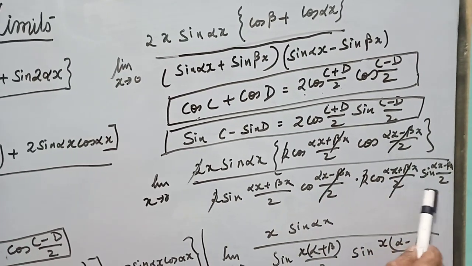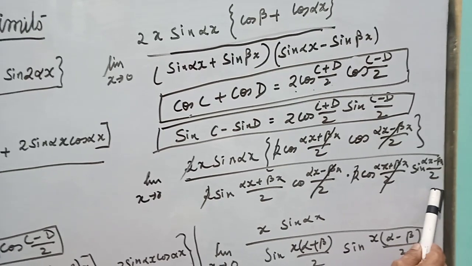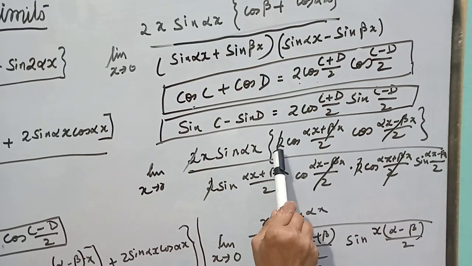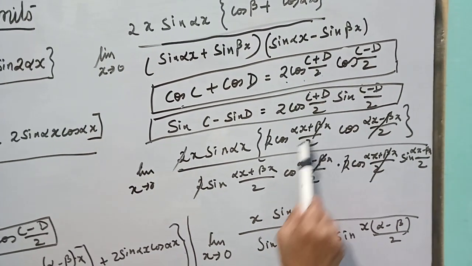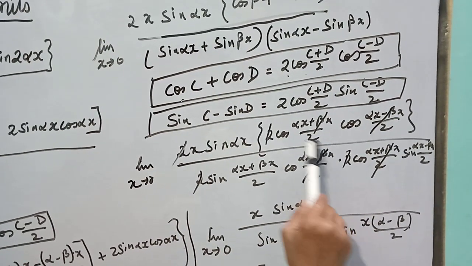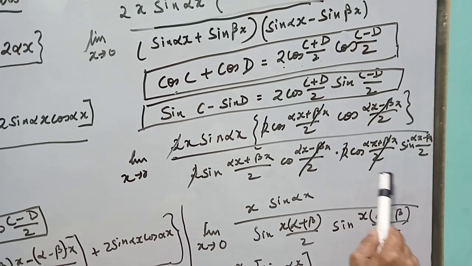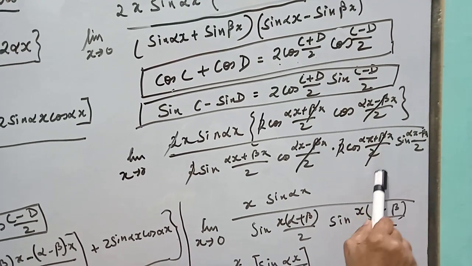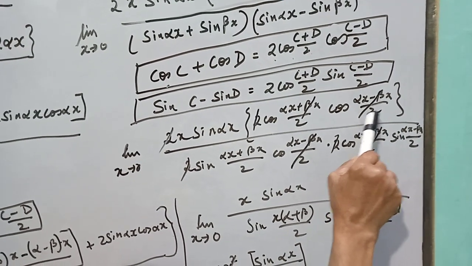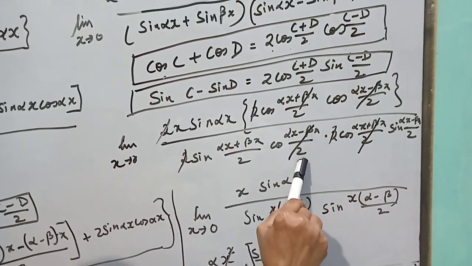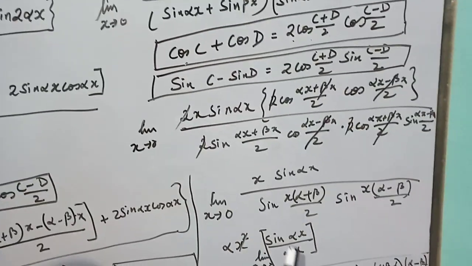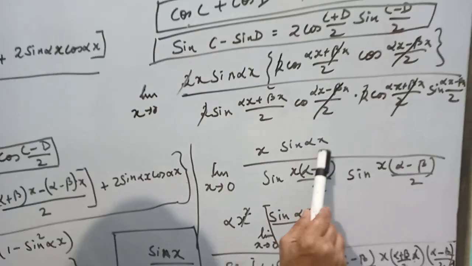Now just put the values in the formula, the 2 will be cancelled, and your sin alpha plus beta x, cos of alpha x plus beta x divided by 2 is cancelled with cos of alpha x plus beta x by 2, and cos of alpha x minus beta x by 2 is cancelled with this one. So we are left with only sin terms. Here this is sin alpha x.